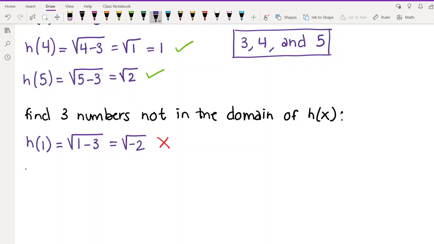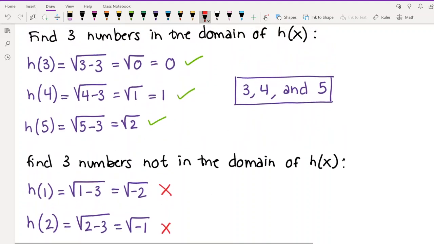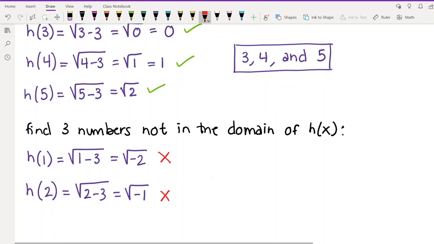Let's inch up a little bit more. What if we try h of 2? Well, we get the square root of 2 minus 3, which is the square root of negative 1, which again is undefined. So we found so far 2 numbers that are not in the domain. How would we find another number that's not in the domain? Well, we saw that 3 is in the domain, so 3 isn't going to work.